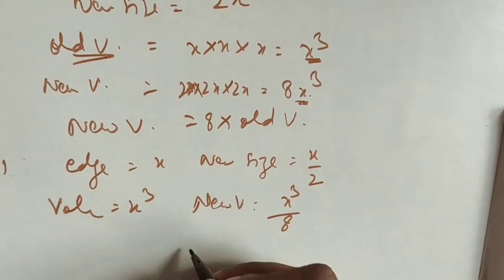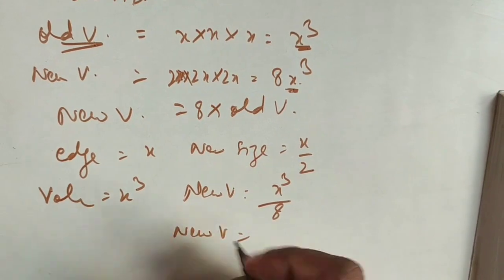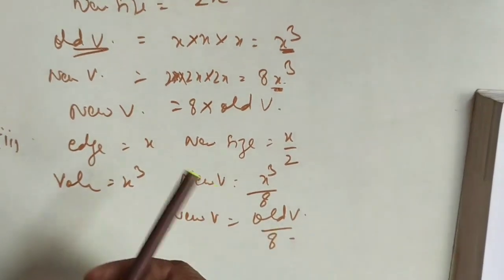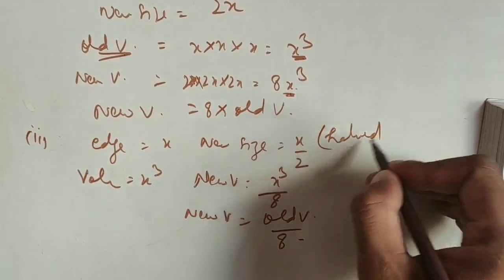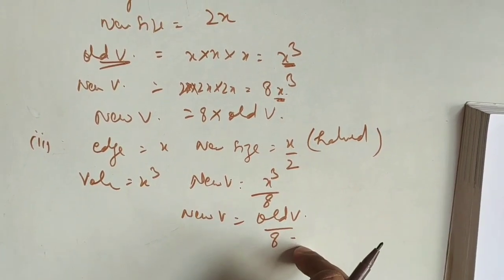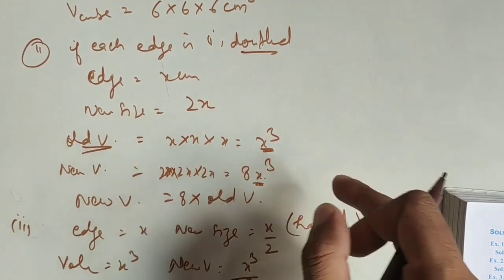This x cube can be written as old volume. So this is old volume divided by 8. It means if we have the size halved, then new volume will be 1/8 of the old volume. Earlier when it was doubled, the new volume was 8 times the old volume.